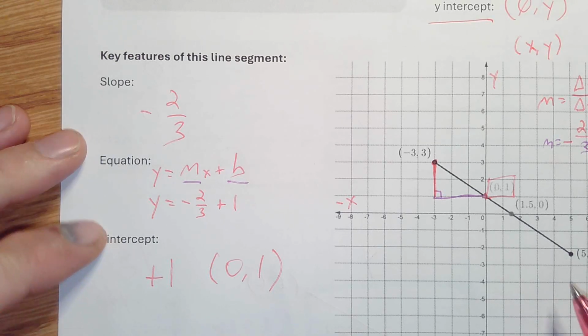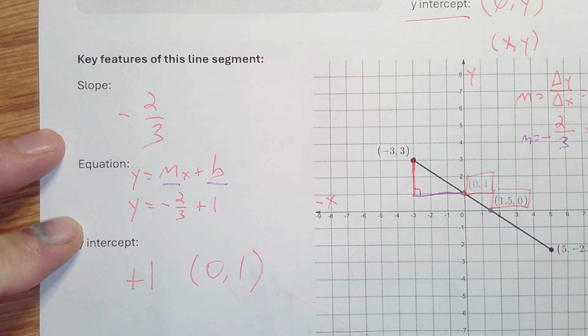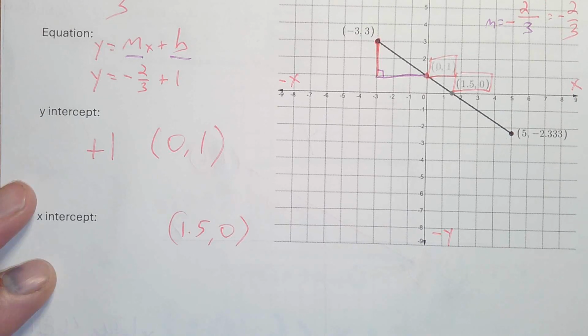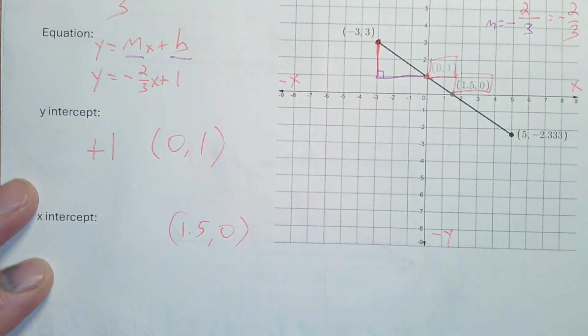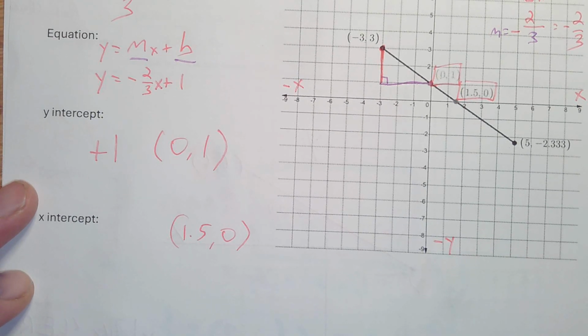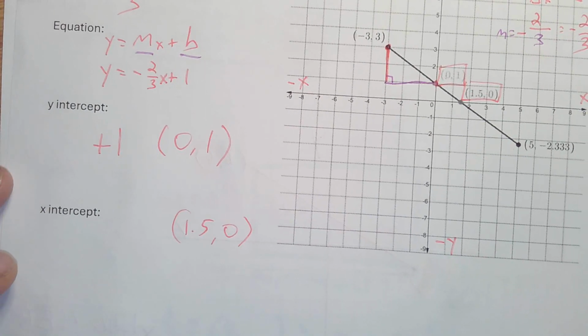Well, if it didn't show us what the x-intercept was right here, we could solve for it. We know it's (1.5, 0), right? But say we didn't know it, we could solve for x, knowing the y-intercept.